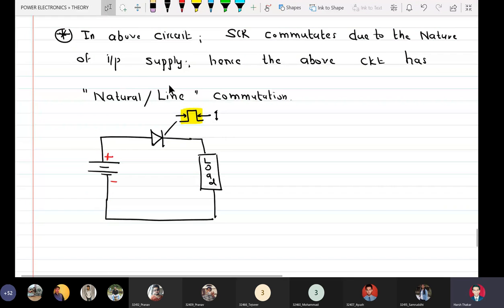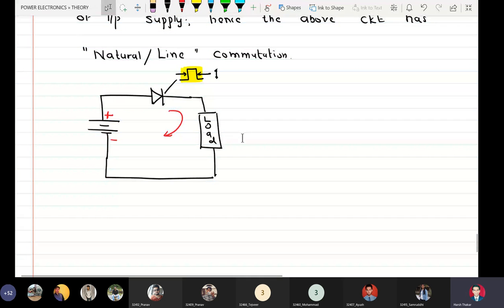So understand that in this circuit, if I apply a firing pulse of appropriate amplitude and duration such that the device current IA exceeds latching current value, SCR gets latched and current starts flowing in this circuit, there is no way that I can commutate the SCR. Why? Because here, if my input is 200 volt DC, it is going to remain 200 volts DC from 0 to infinity. So in this circuit, commutation of SCR is not possible from the input side, because input will remain constant at 200 volts.